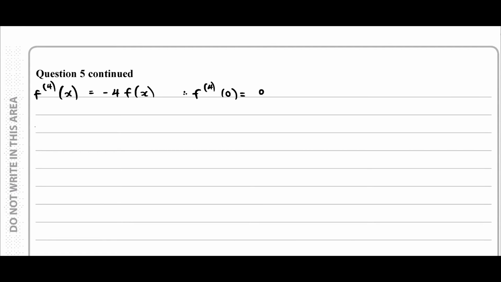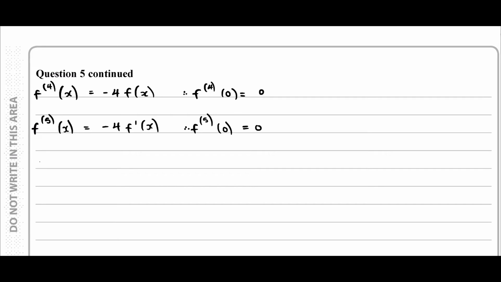The fifth derivative is equal to minus 4 lots of f dash of x, and therefore the fifth derivative at the point x equals 0, the first derivative we found that to be 0, minus 4 lots of 0, that's 0.